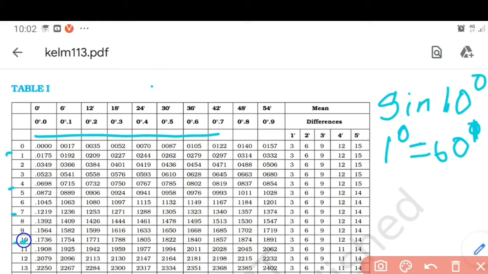Then look in the column for 0 minute in that row. So you have 0.1736. So the value of sine 10 degree is 0.1736. That's how we can find the value of sine of a particular angle.